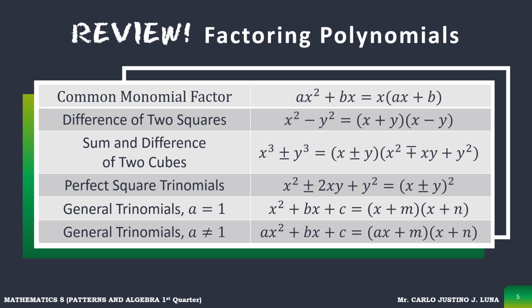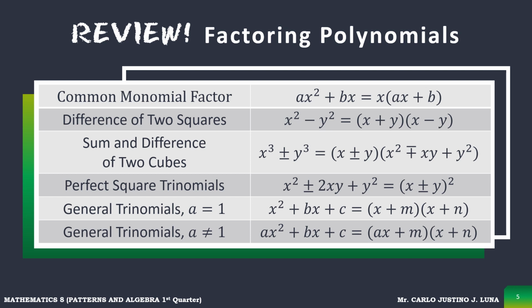These are two numbers wherein when you multiply them, you will get the last term of the given, that is our constant c. So first you get the factors of c, that is m and n, wherein when you add them up, it will be equal to the middle term, b. So again, get the factors of c such that their sum is equal to b.